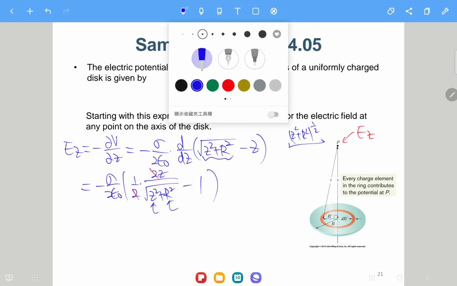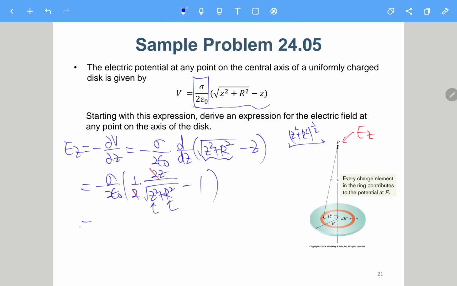And then finally, we try to distribute this negative sign inside. So we have sigma over 2 epsilon naught, and then this is positive, so we put it first: 1 minus z over square root of z squared plus capital R squared.